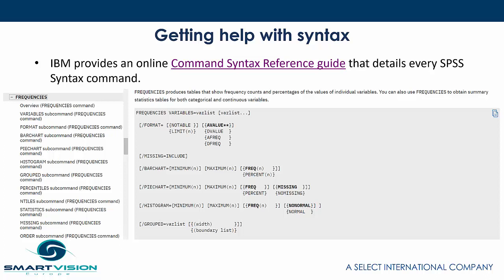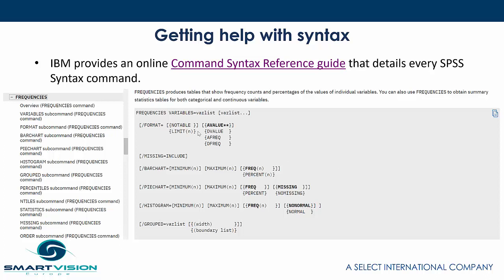And if you were to look up a particular command, a particular procedure, such as crosstabs or frequencies or correlations on this reference guide, you'd find that it gave you an overview explaining what the different elements are within that procedure, what that procedure did. It would give you, very importantly, examples of how to apply it. And it would also give you a breakdown or a description of the procedure in the form of a syntax diagram or a syntax map, if you like, which might look a little bit bewildering to begin with, but it shows the different elements within that procedure.